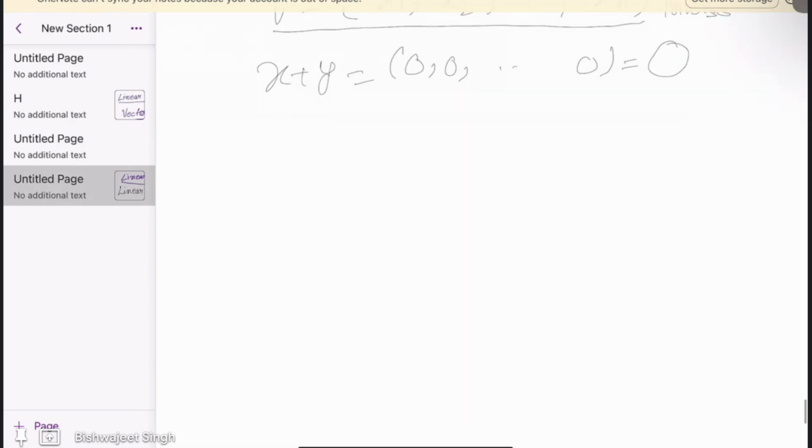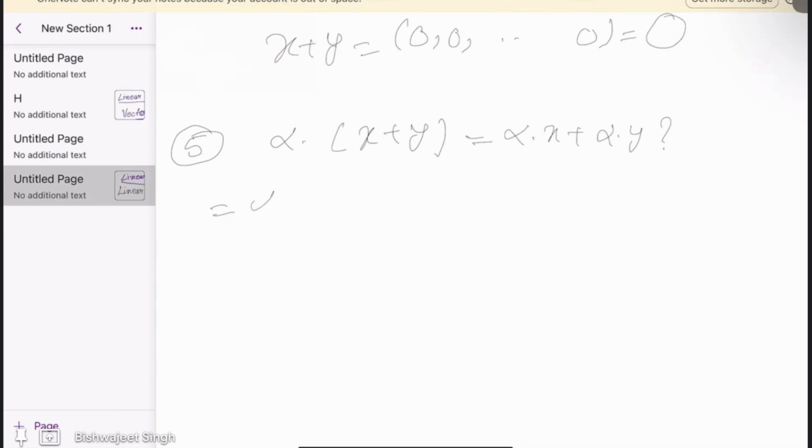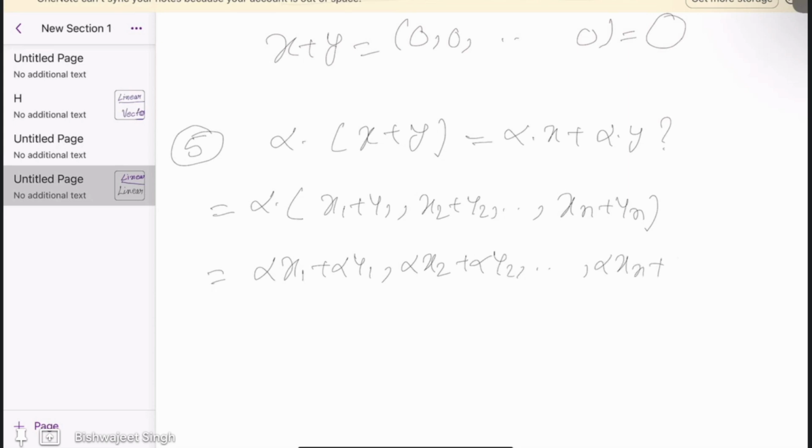And then you have some more properties with respect to dot that I want you guys to verify, most probably by yourself, but still okay, fine, I'll do this also. So what is this? Alpha dot x plus y should be equal to alpha dot x plus alpha dot y. Whether it is happening or not, we can see: what is x plus y? It is x1 plus y1, x2 plus y2, up to xn plus yn. Now if I write it, it is alpha x1 plus alpha y1, alpha x2 plus alpha y2, up to alpha xn plus alpha yn, right?